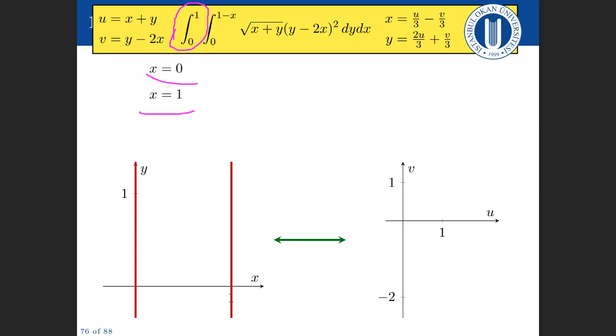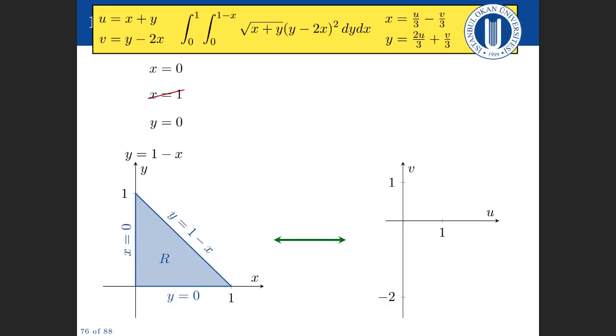I also have that y is between 0 and 1 minus x. So that's two more lines that I'm interested in. I'm interested in y is 0 and y is equal to 1 minus x. The region of integration that we're starting with is this triangle. And now we can see, actually, we don't need x is equal to 1. Triangle has 3 sides, so we just need these 3 equations.